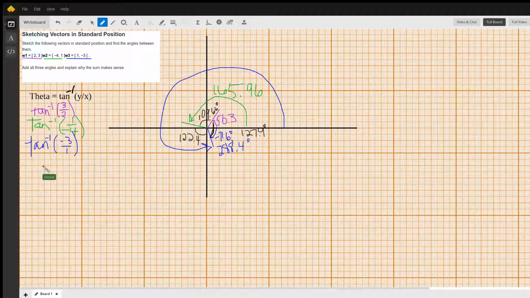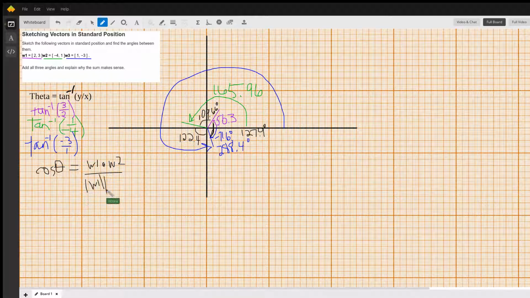There's a formula that says the cosine of the angle between these is the dot product, so W1 dot W2 over their magnitudes multiplied. Now, is that more work? Maybe, maybe not, but let's just do it with one of them.